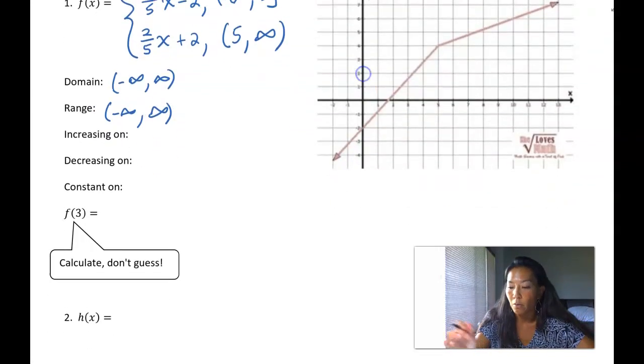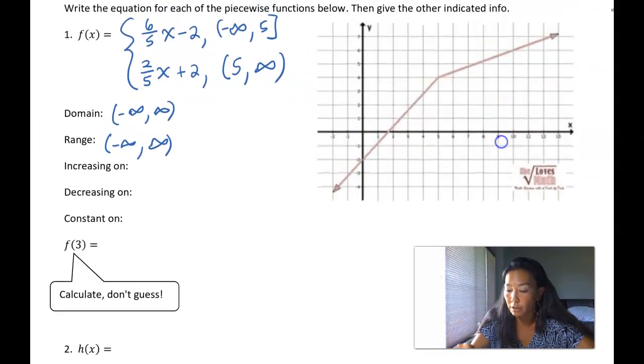Okay. Where is it increasing? It's actually increasing on all of the intervals except for this point right here. Okay? Right there, we call that a vertex. It's like a sharp point, and there's some kind of change or connection. We don't have it increasing or decreasing right at that point. The rest of it looks like it's increasing.